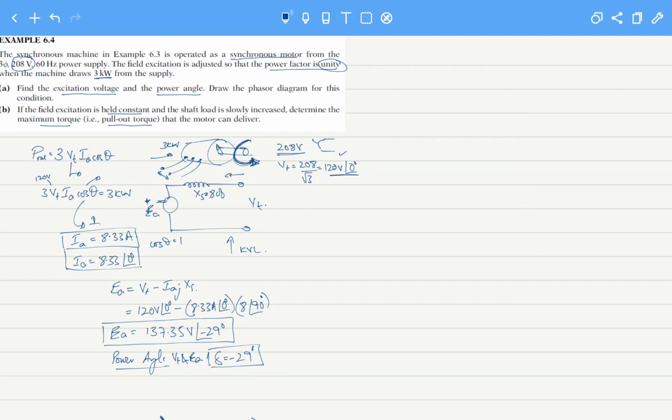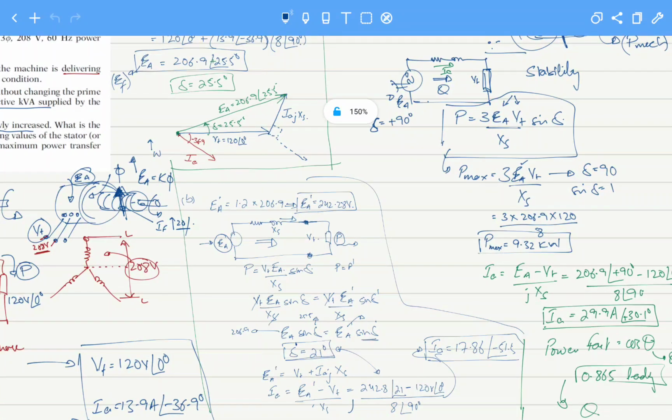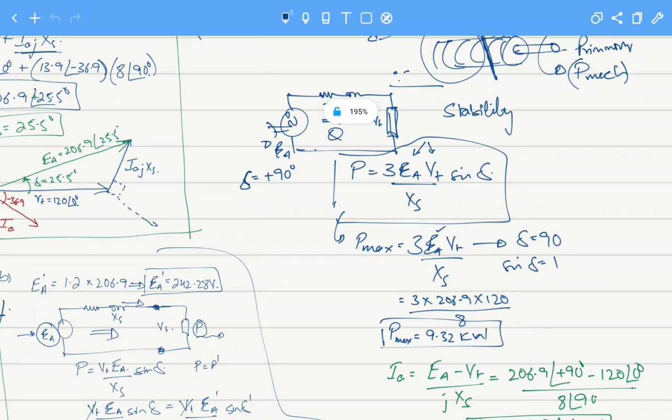So if you remember in one of the previous examples, I explained the formula of the maximum power transfer between the machine. It is actually P is 3EA VT over X sine of delta.